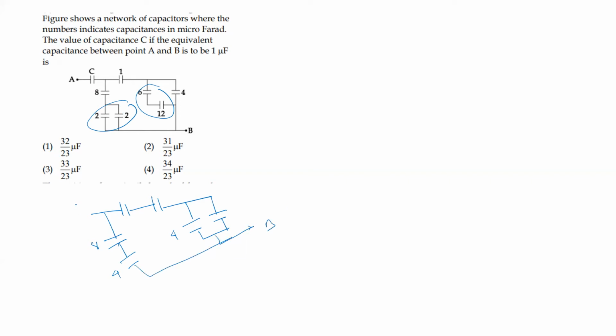Now this is B. This is A. Here it is C. Clear? Understand? This is 4. And this is 4. Do one thing, only one capacitor is there. Now 4 and 4 in parallel combination will become 8. The circuit will become this is 1C and this will be 8C.